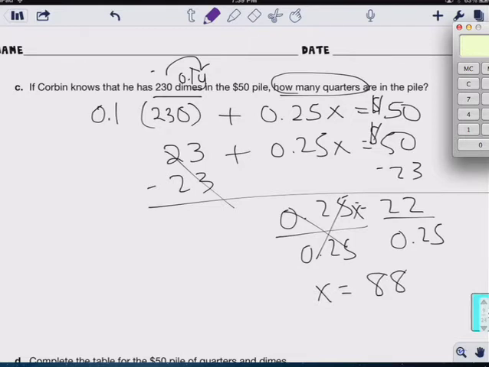How many quarters? So x is the number of quarters.